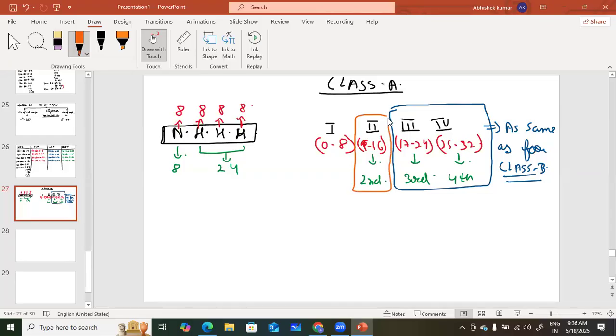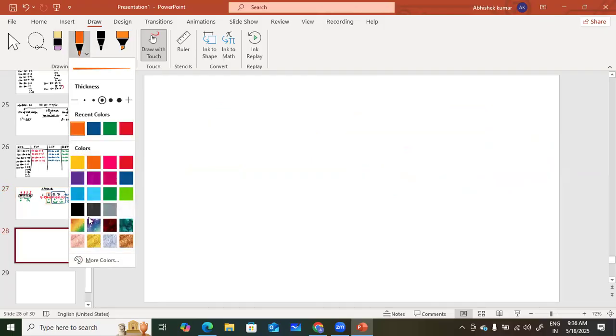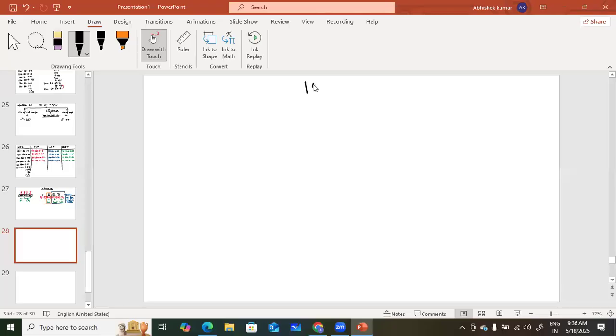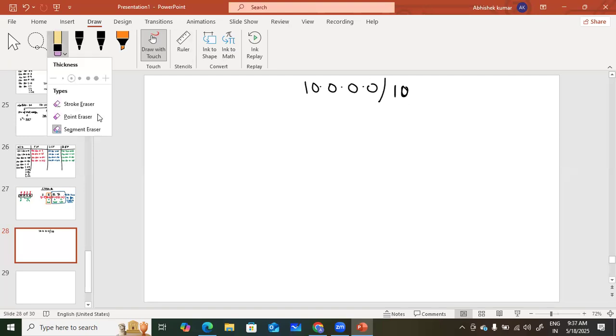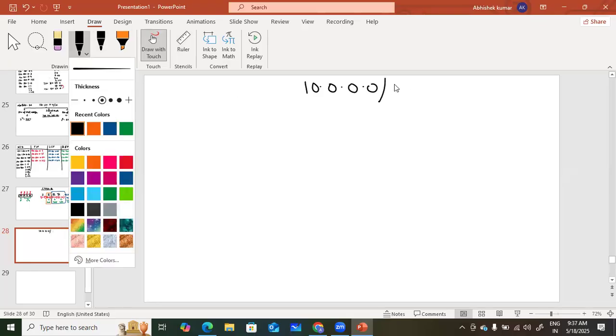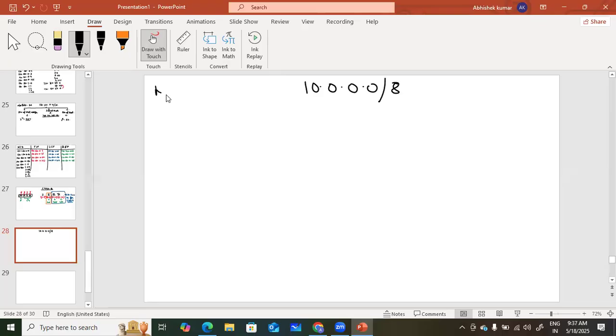Let's suppose there is an IP given to me like this: 10.0.0.0/8. Sorry, slash 8. And then the network bits will be given as 10, like this.